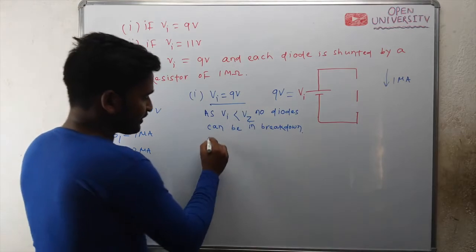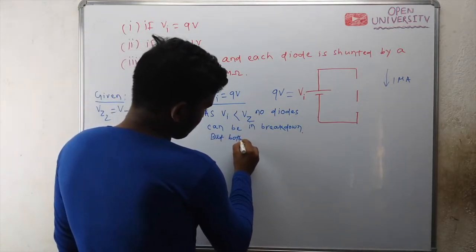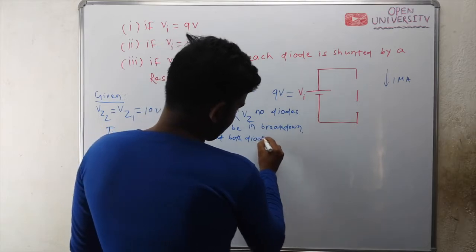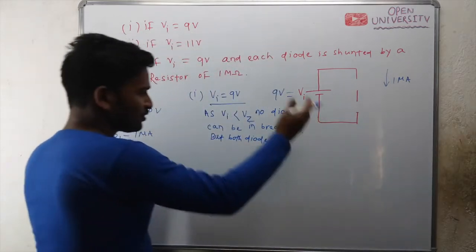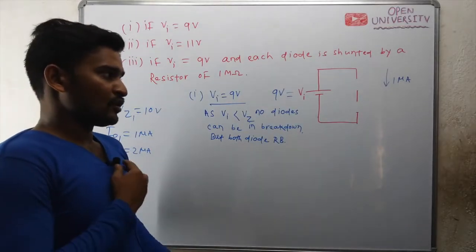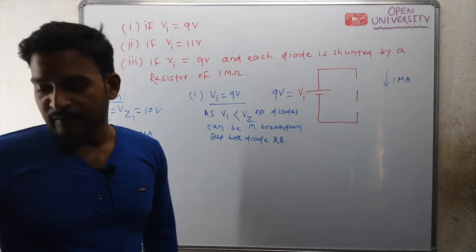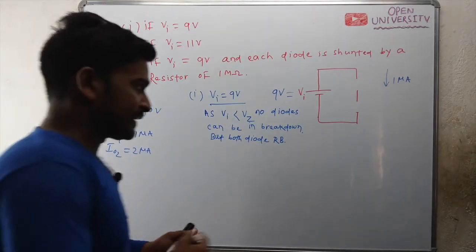But both diodes are in reverse bias, so they will be considered open circuited. My interest is to find out the voltage across each diode.